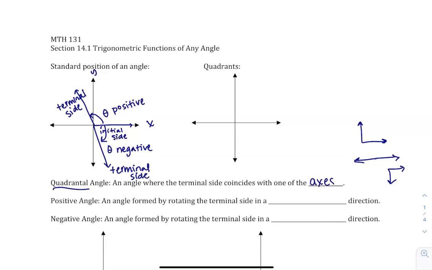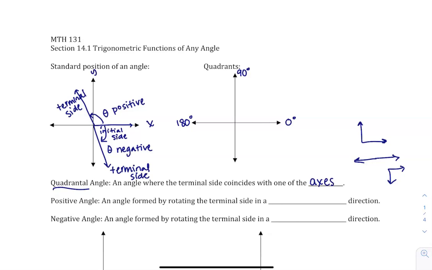So your quadrantal angle is where it coincides with one of these axes. So a 0-degree angle would be the angle that starts and stops right there on the x-axis. And then if it ends up at the positive y-axis there, that would be a 90-degree angle. If the angle makes it all the way over to the negative x-axis, that would be your 180-degree angle, which is basically a straight angle that we've had before.